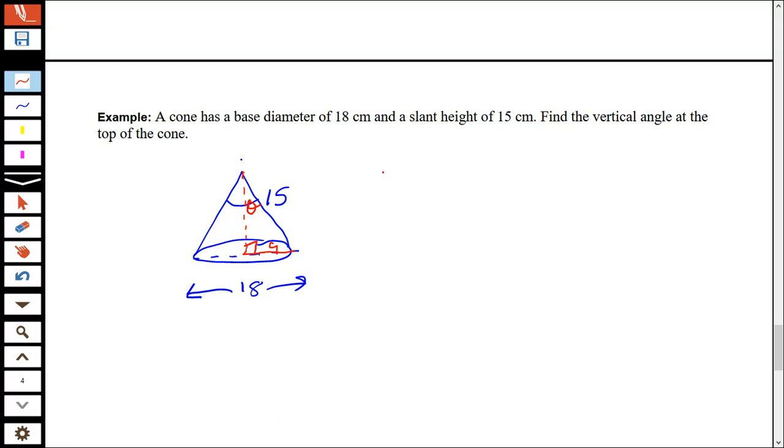Now we're going to work out what this angle is here and then double it to get the vertical angle. So what we can see here is that sine theta is equal to the opposite side, 9 divided by 15. So that's going to give you theta is the inverse sine of 9 on 15. Let's just fix it up.